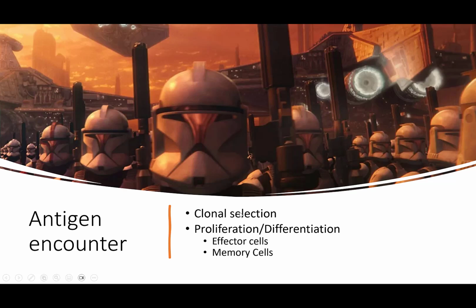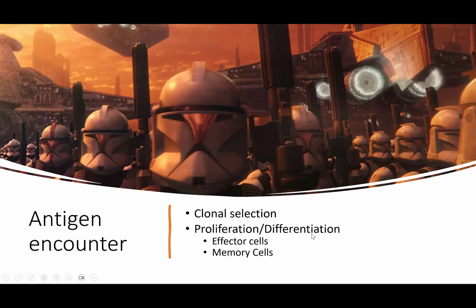We will see this in just a moment. We also go through proliferation and differentiation. The differentiation is that once one of these B cells or T cells becomes activated and starts to go through its clonal selection, it's going to become two different types of cells.